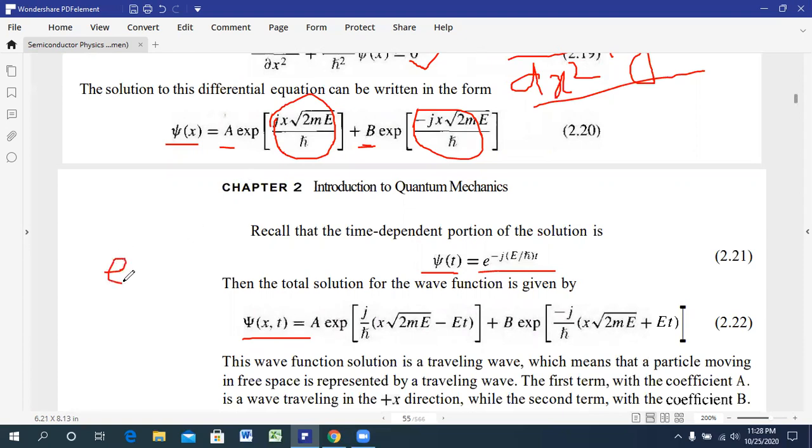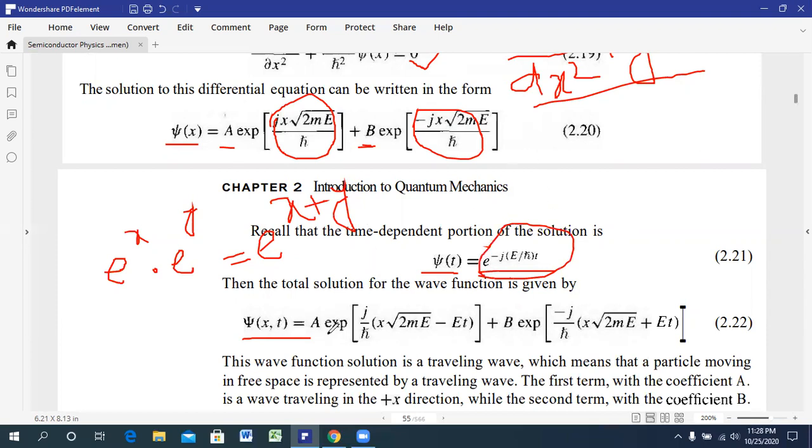We know that e to the power x multiplied by e to the power y equals e to the power x plus y. So if we multiply the time dependent solution with the time independent solution, then only this exponential term will be multiplied with the previous solutions.